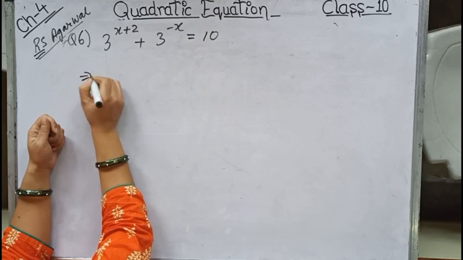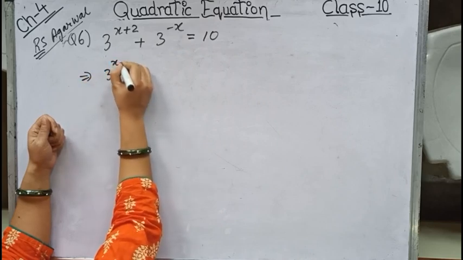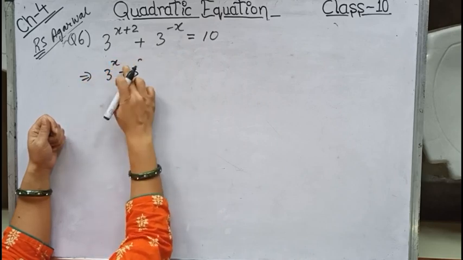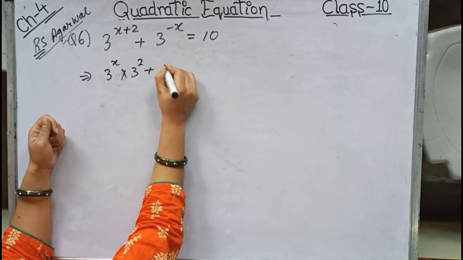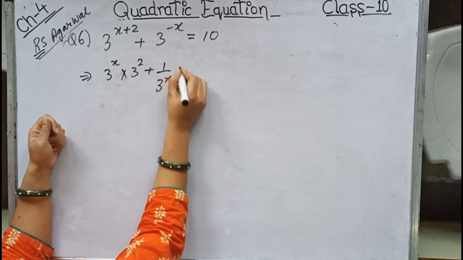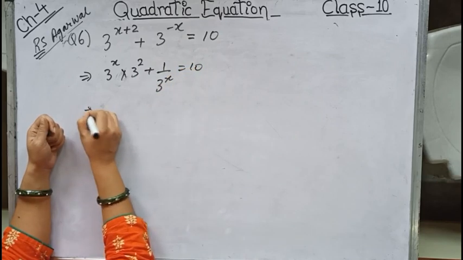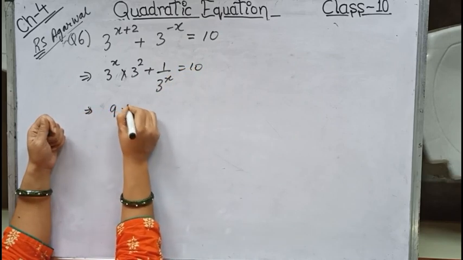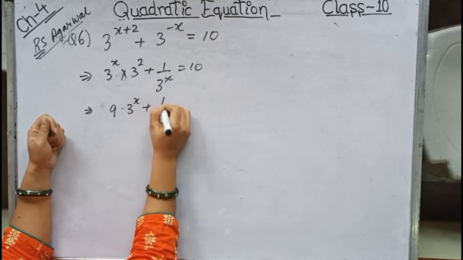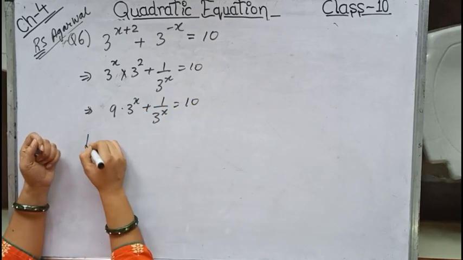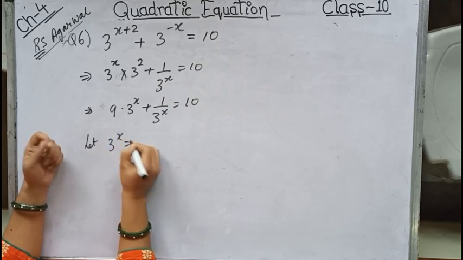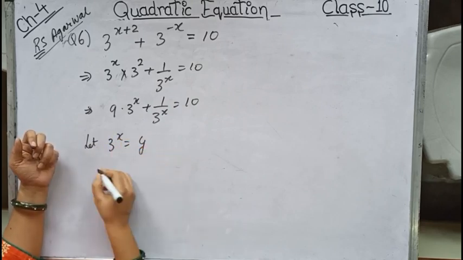So over here this implies 3 power x into 3 power 2 plus 1 by 3 power x equals 10. This implies 9 into 3 power x plus 1 by 3 power x equals 10. Now let 3 power x be another variable, suppose y.